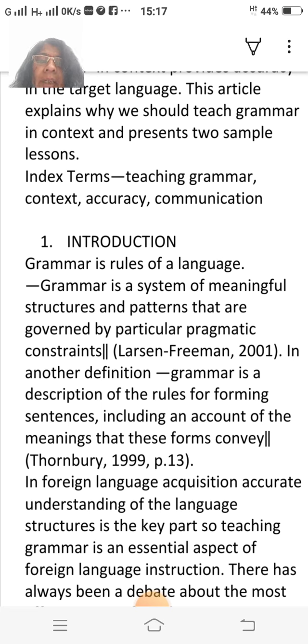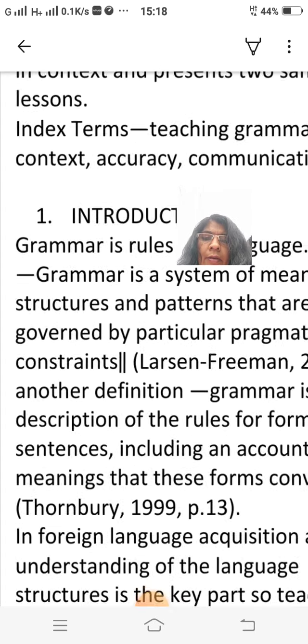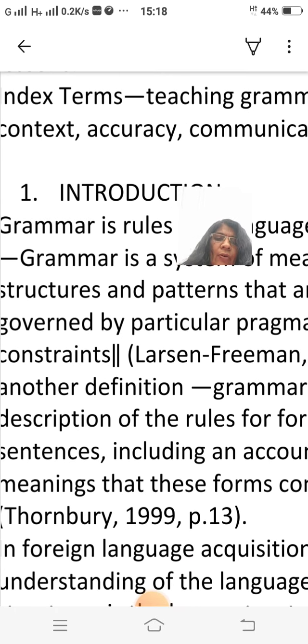Introduction. Grammar is the rules of a language. Grammar is a system of meaningful structures and patterns that are governed by particular pragmatic constraints.